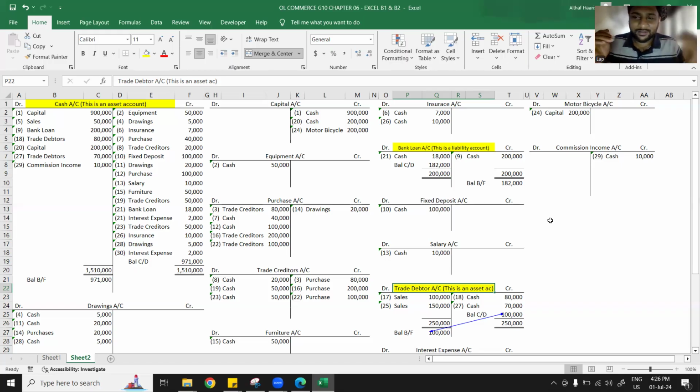You have to leave a line. In that line, you have to write the gap. So CD balance will be that gap amount. If CD is credit, the closing balance is credit, then on the other side the opening balance will be debit. If CD is debit, the opening balance on the other side will be credit. Like this in the bank loan account.